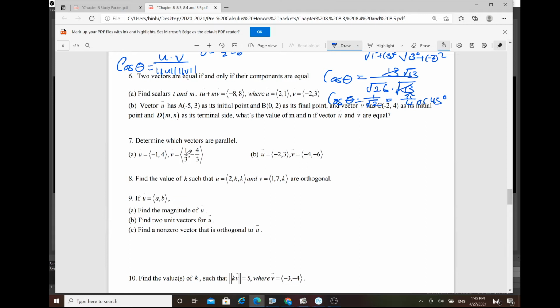So -1 times 1/3, so -1/3. 4 times -4/3 would be -16 over 3. So -1/3 plus -16 over 3 turns out to be -17 over 3. Okay, so -17 over 3 for the dot product.